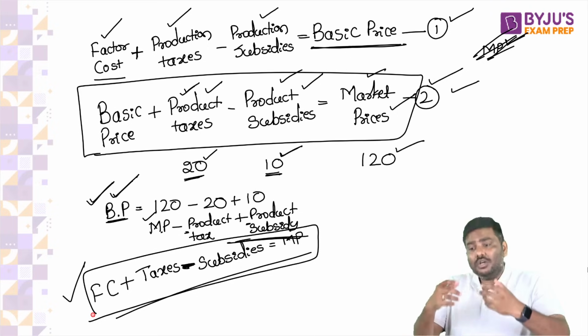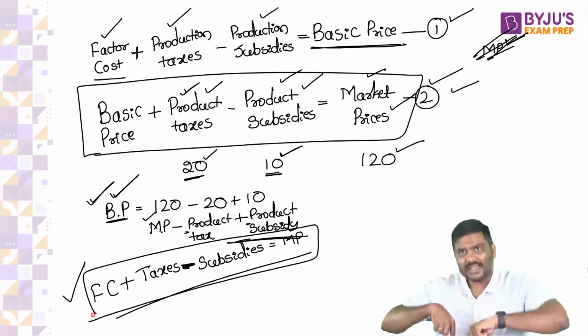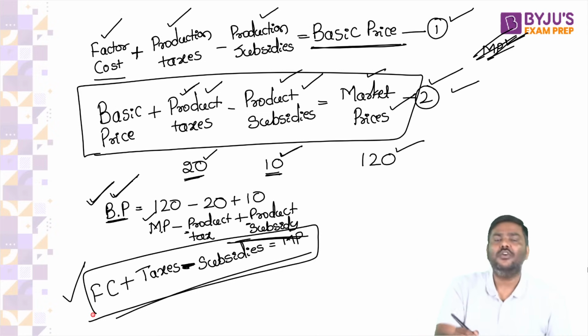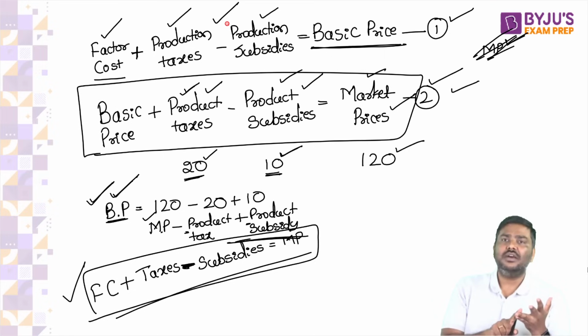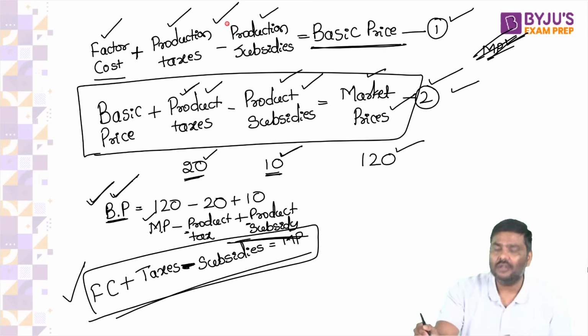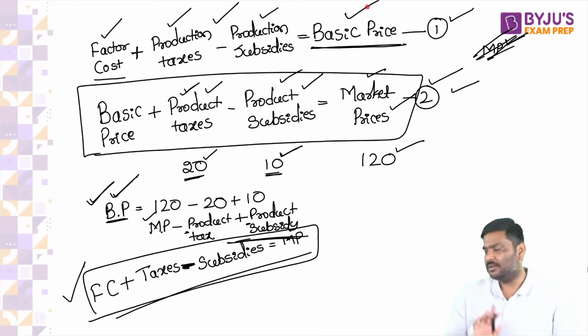Now we want to take care of both types of subsidies as well as taxes. That is the precise reason in the first formula we will use all those taxes and subsidies which are independent of production, calculate basic prices, and then use the basic prices to calculate market prices.